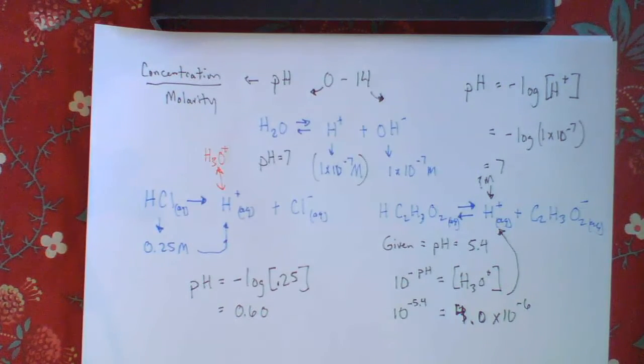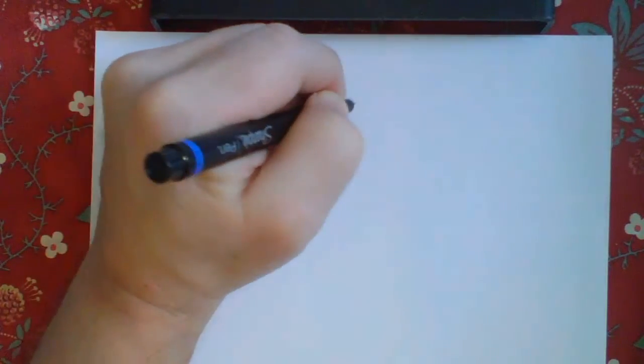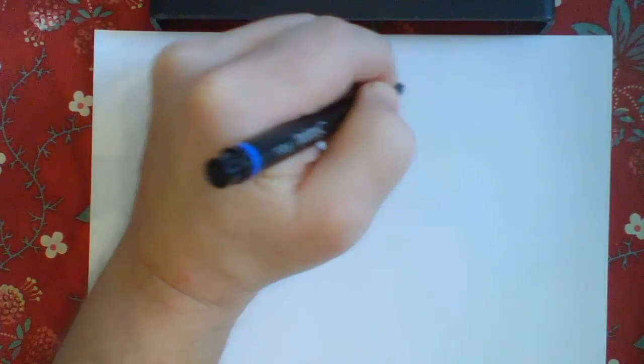Let's do one last thing. We want to talk a little bit about what happens if we have a base. So we know that bases are those things that would have hydroxide, for instance. So I'm going to go to my NaOH and say I have an aqueous solution of it. Well, when this thing dissociates, it forms our sodium ions and it forms our hydroxide ions.